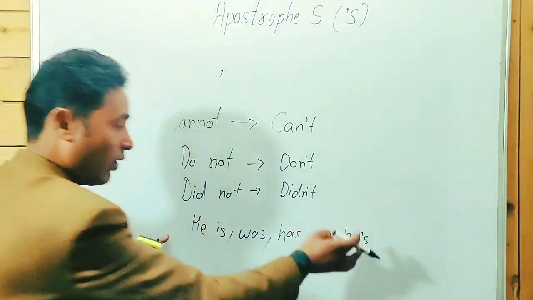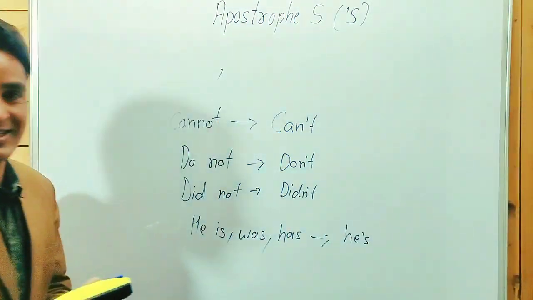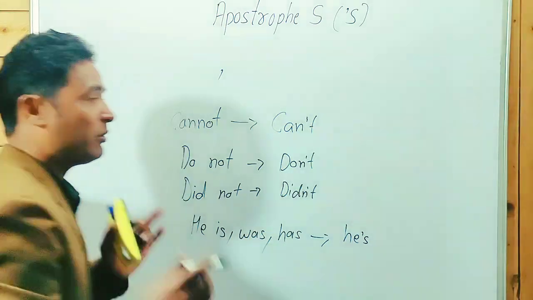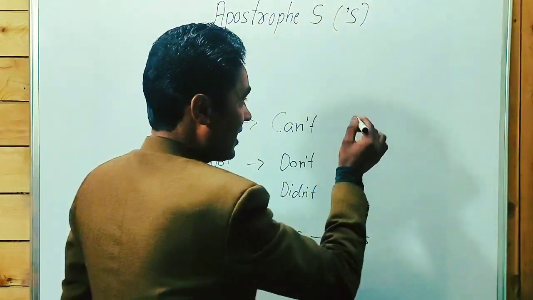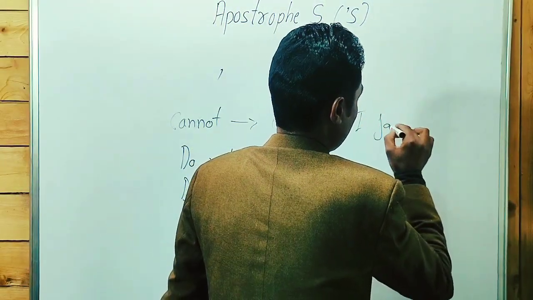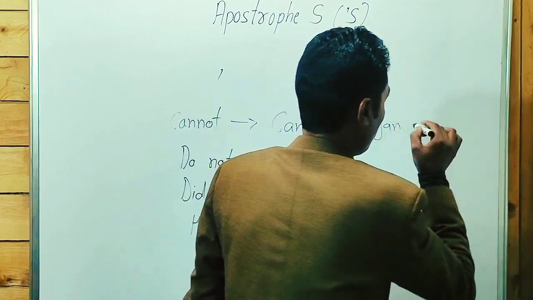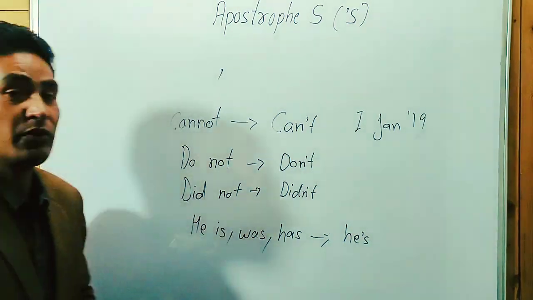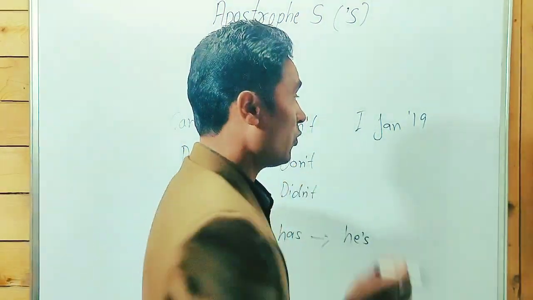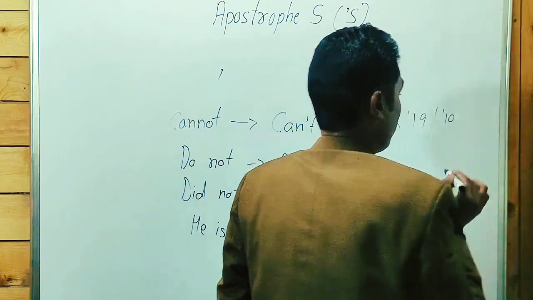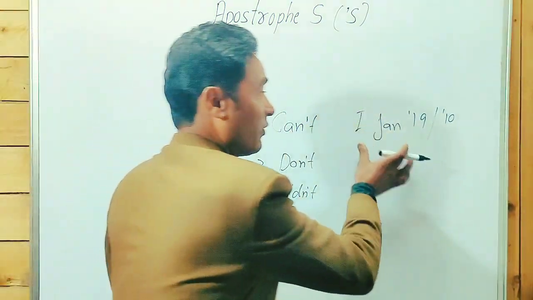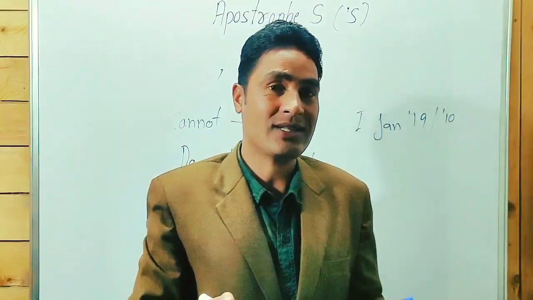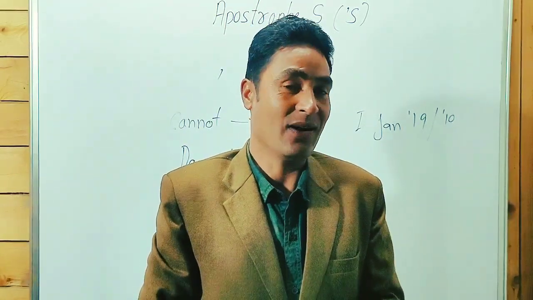Okay, guys, point to be noted, when we talk about numbers, we can write 1st January '99. For 1st January 1999, we only write the apostrophe after which comes the number. We can also use apostrophe s after a number.